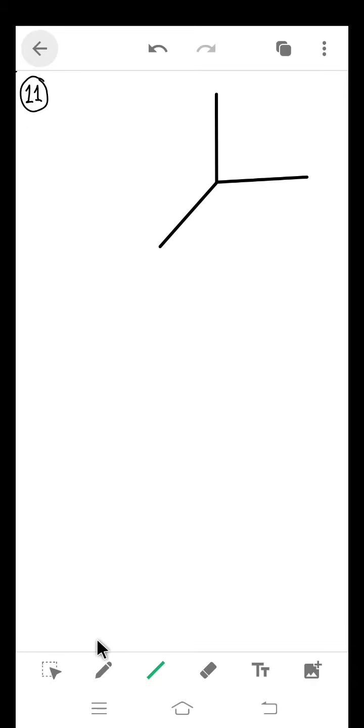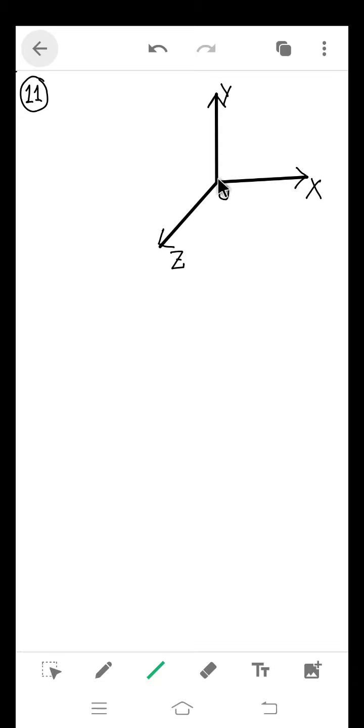So the axes are x axis, y axis and z axis, so you can write them as OX, OY and OZ.